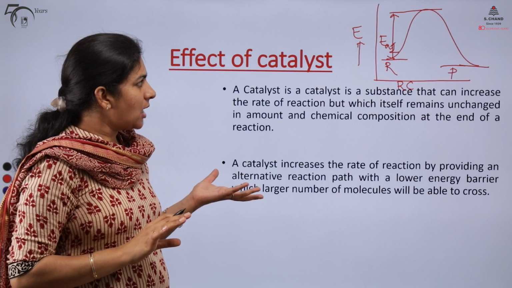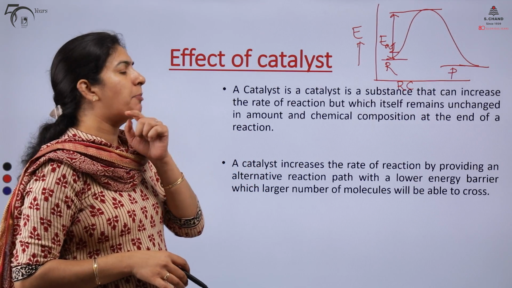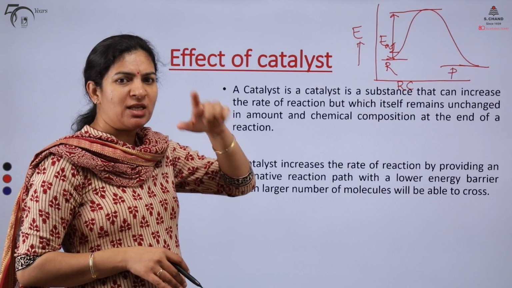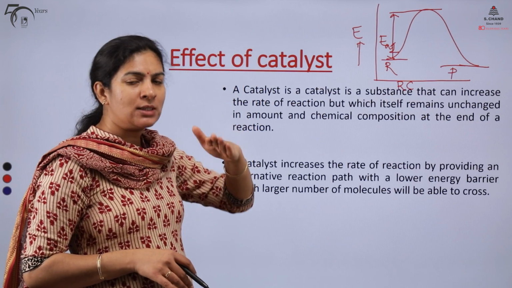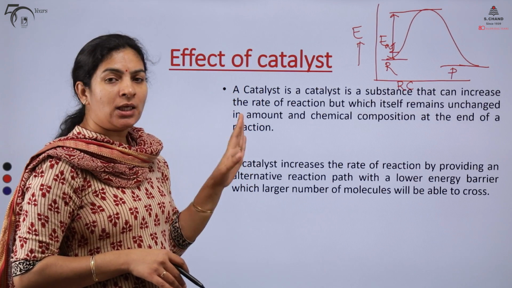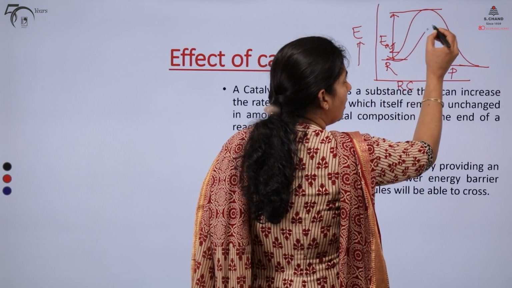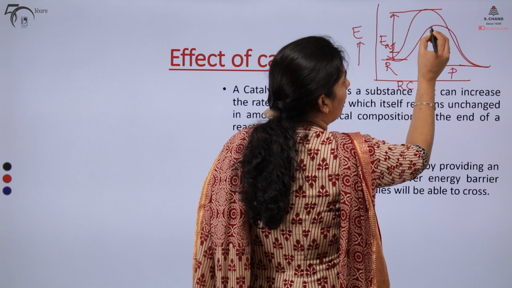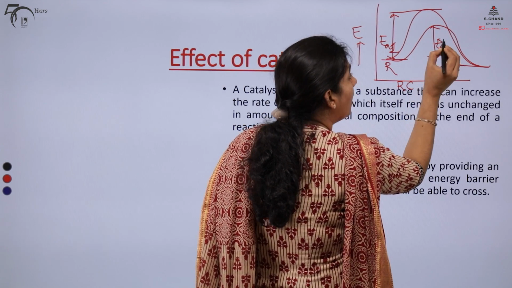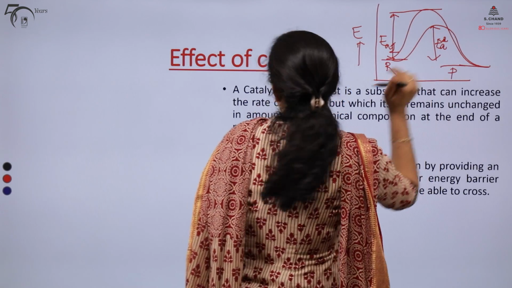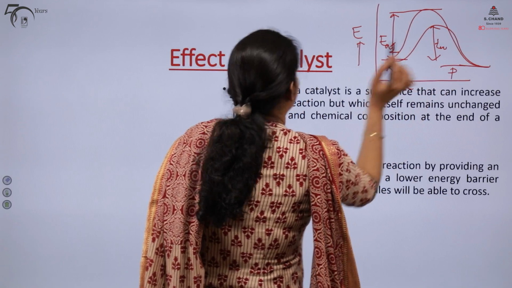So what does a catalyst do? A catalyst provides an alternative path. The misconception sometimes there in students' minds is that a catalyst lowers the activation barrier, but no, a catalyst does not lower the activation barrier. It provides an alternative reaction path with lower activation energy, right?